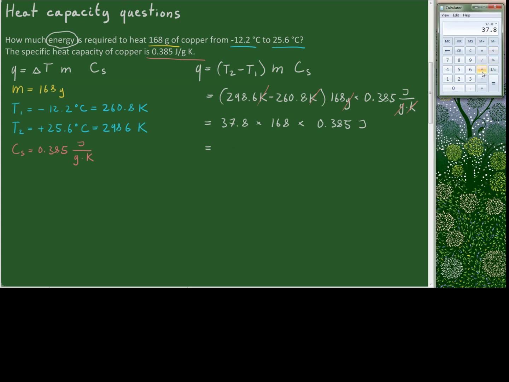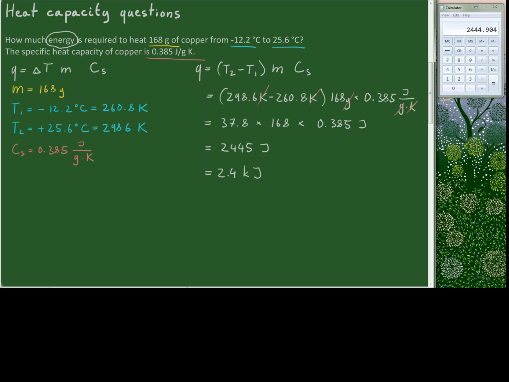So 37.8 times 168 times 0.385, and we get 2,445 joules. And that is good. We are only left with joules. We were after energy. Energy should be in joules. And if you wish, you can also convert it into kilojoules by dividing by 1,000. So you'll get 2.4 kilojoules after rounding.